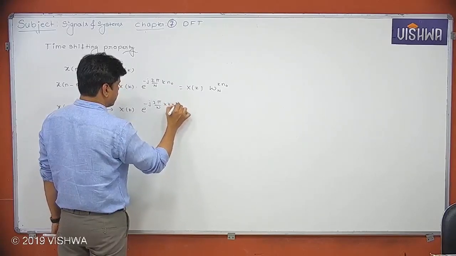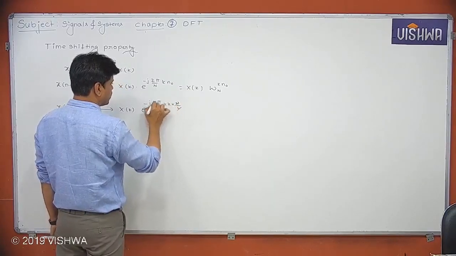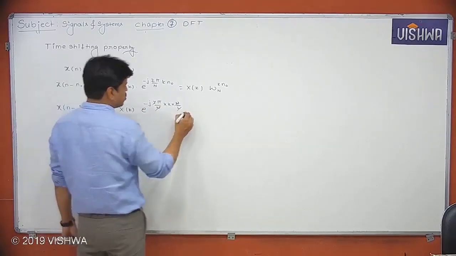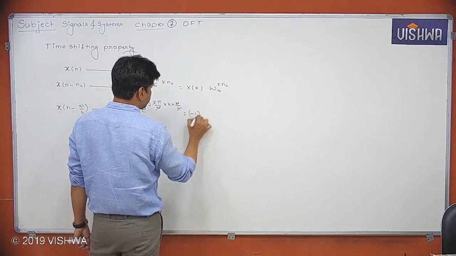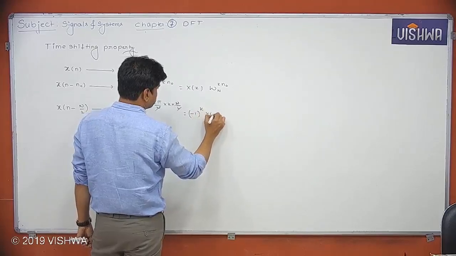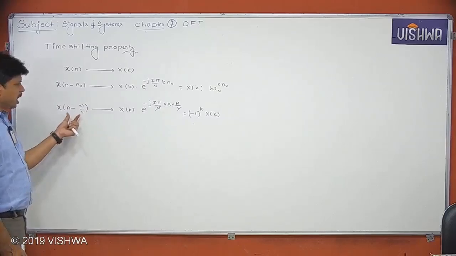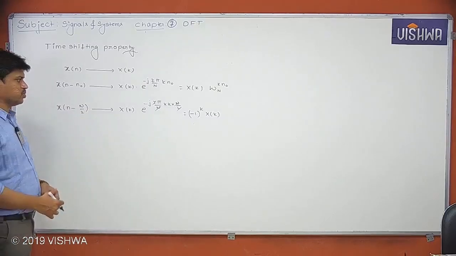So n gets cancelled, 2 gets cancelled. Finally this is e power minus j pi k, which is nothing but minus 1 whole power k x of k. So this is very important. If I shift it by half of the period, this is the result we get. Clear?